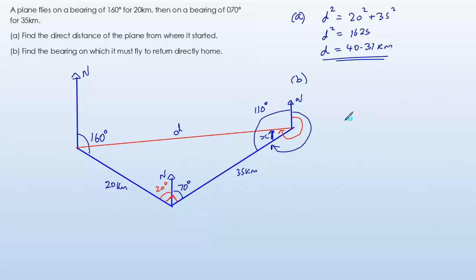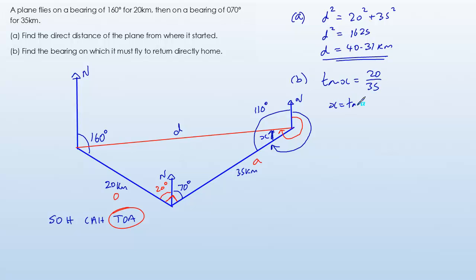So let's work out x. So for x, this is the adjacent, this is the opposite. If we use our mnemonic, CAH TOA, it seems that we have opposite and adjacent, so we're going to use the tangent. So tan x is equal to 20 over 35.